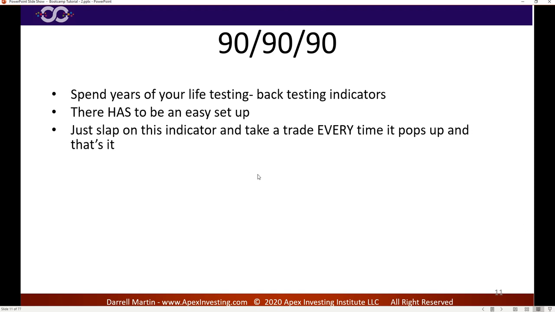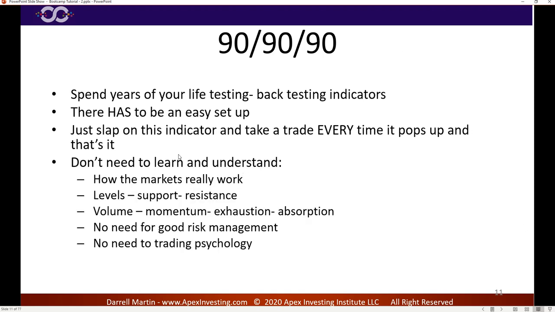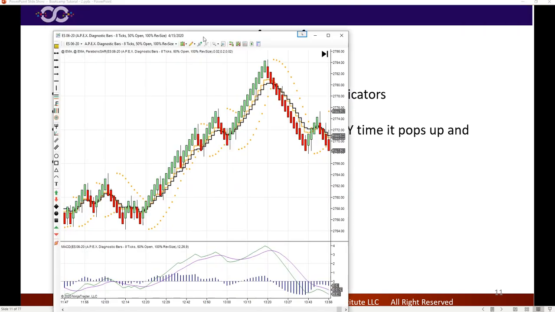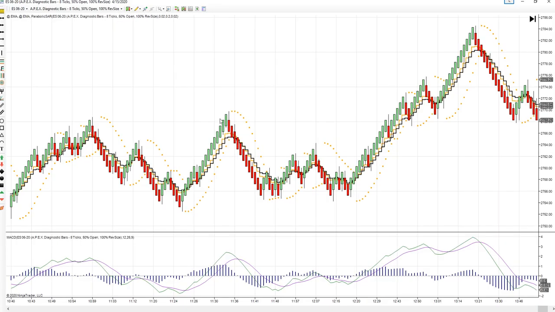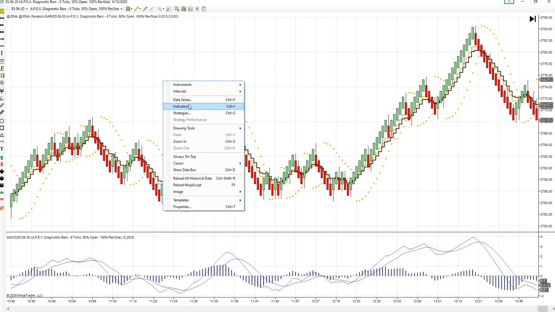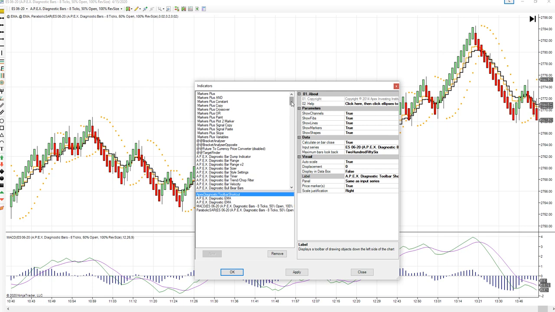That's how I'm going to do it. I don't need to learn how the markets work, and levels and volume. And I don't need to worry about risk management and psychology. I'm going to be different. I'm going to just sit here and go through every random indicator I can find free in NinjaTrader and anywhere else, and I'm going to find one that works.